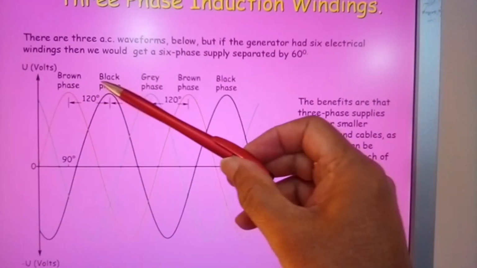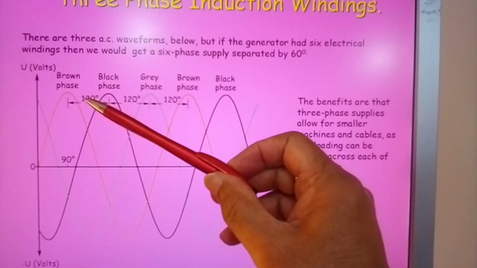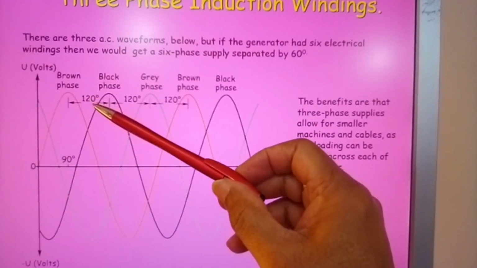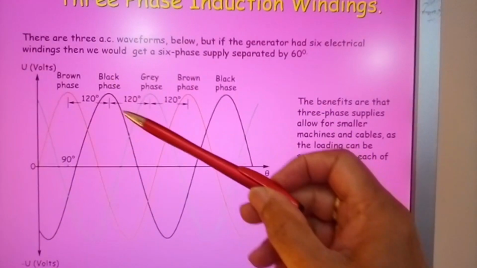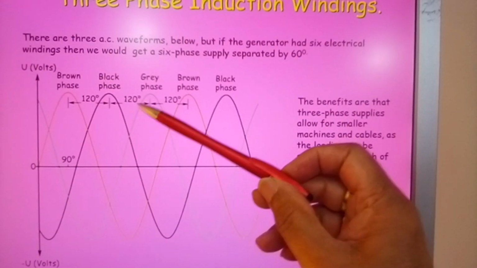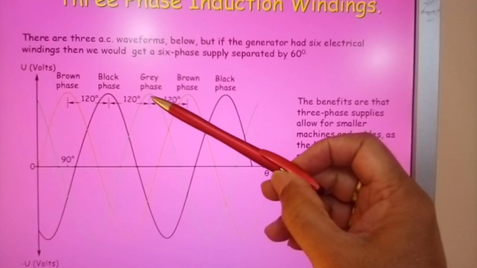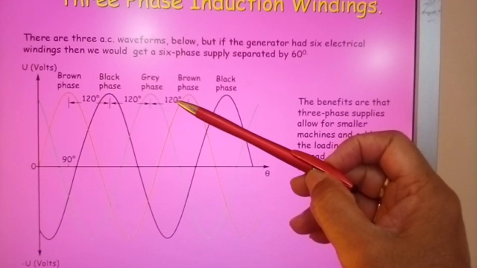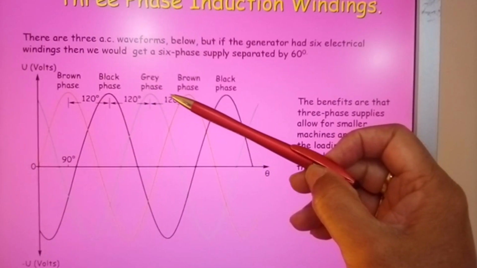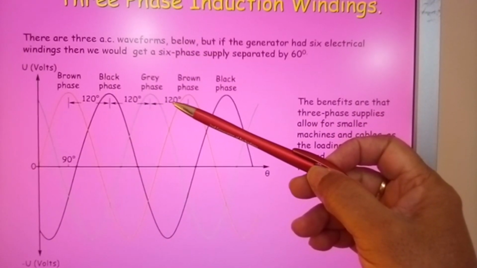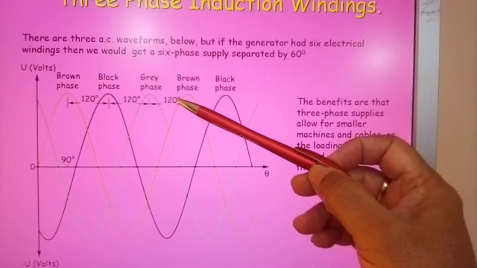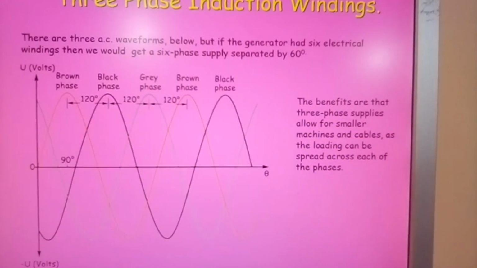The brown phase is separated from the black phase by 120 degrees. The gray phase is separated from the black phase by 120 degrees. The brown phase is separated from the gray phase by 120 degrees. Now if we had 6 cycles, each of these would then be separated by 60 degrees.